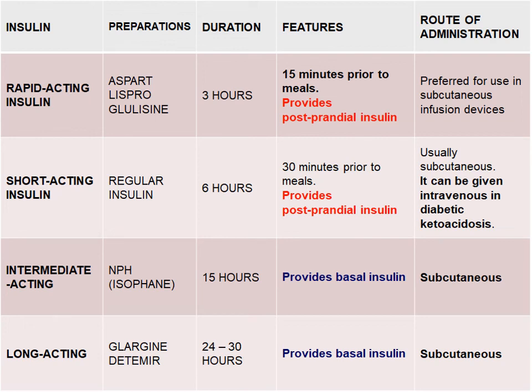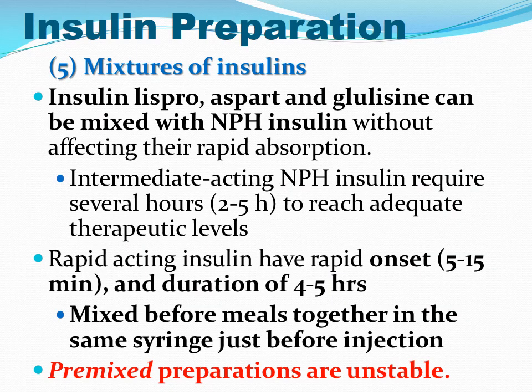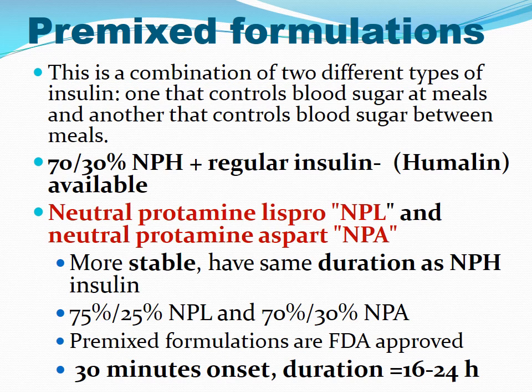Pre-mixed preparations tend to be unstable. Therefore, advise the patient to mix them immediately before injection in the same syringe, and to control blood sugar between the meals during the day. Examples: 70/30 NPH and regular insulin, known commercially as Humulin.